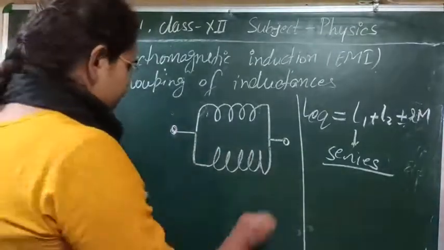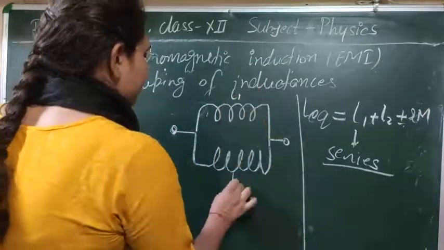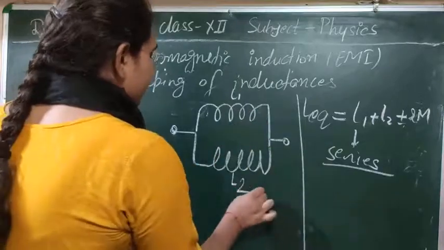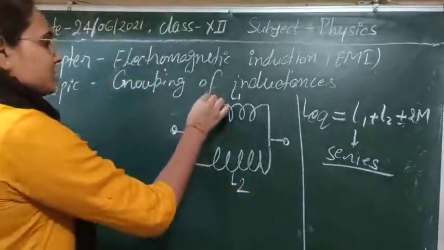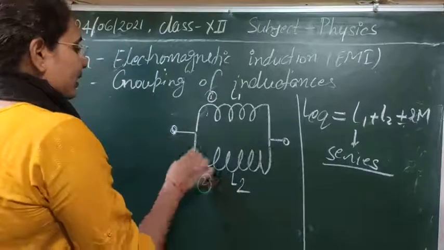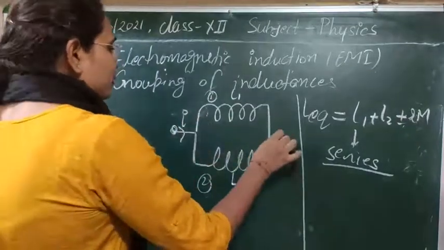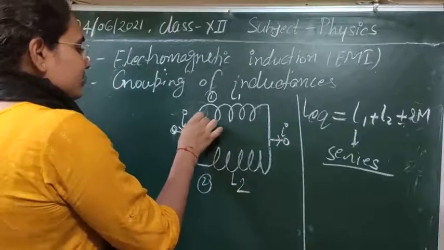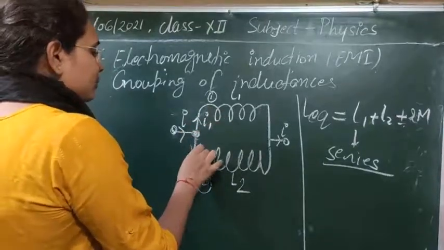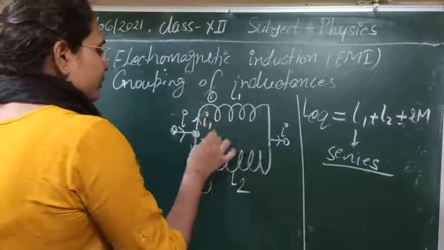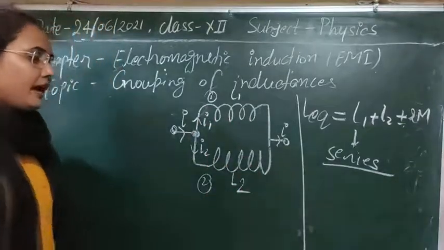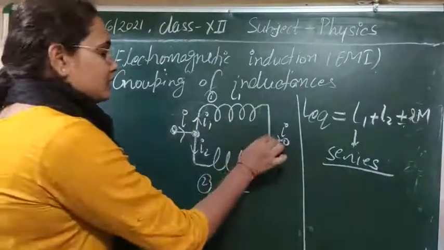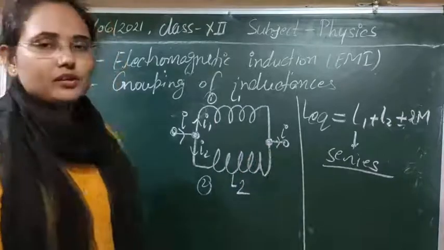Suppose this coil has self-inductance L1, and this coil has L2. This is the first coil, this is our second coil. If current I is flowing through here, it will reach a junction and be divided into two parts. I1 will flow here, I2 will flow here, and later at this junction they will recombine and give you current I.